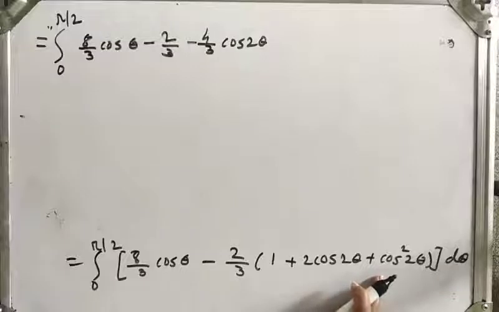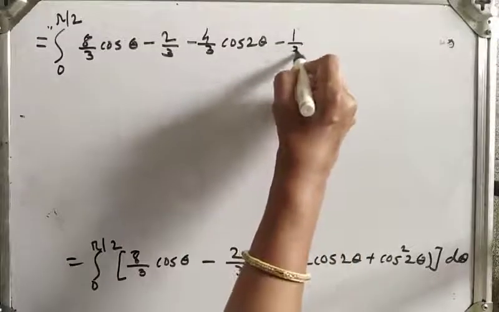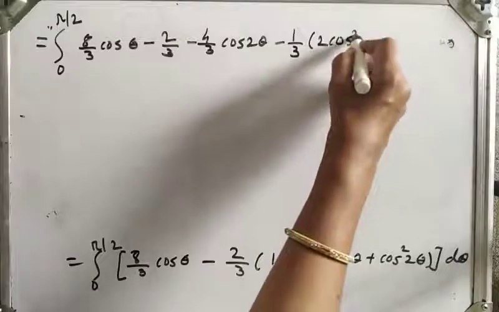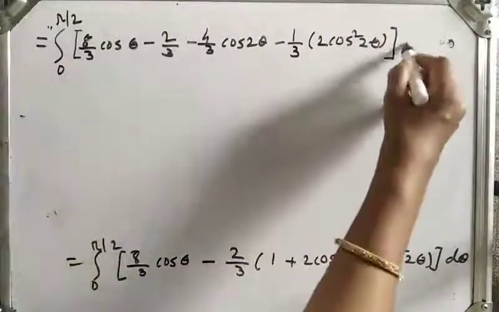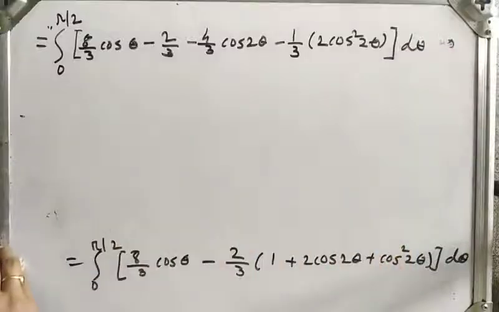We can write it as minus 1 by 3 times 2 cos square 2 theta, d theta.